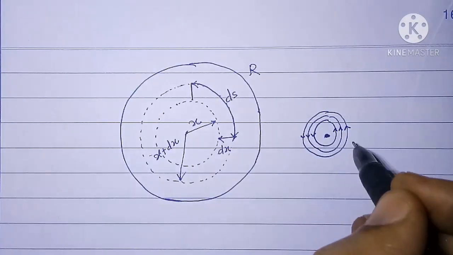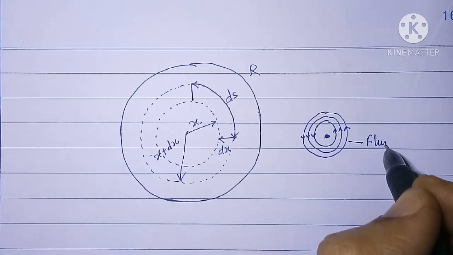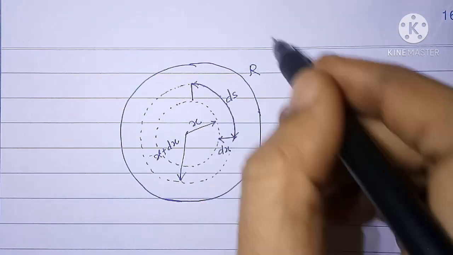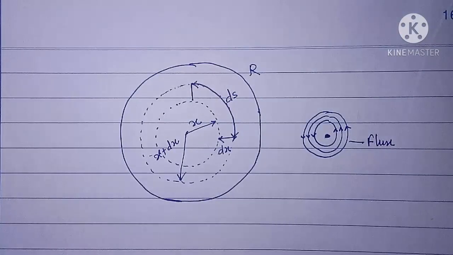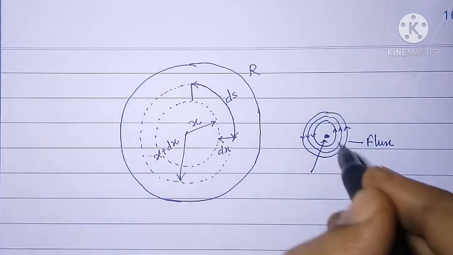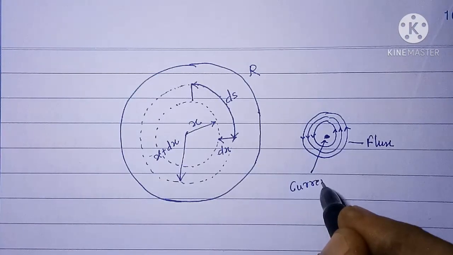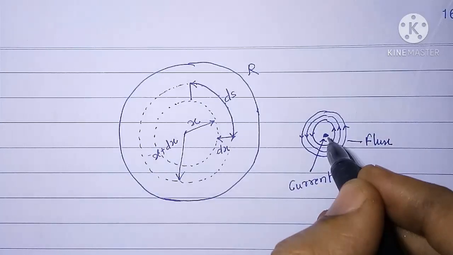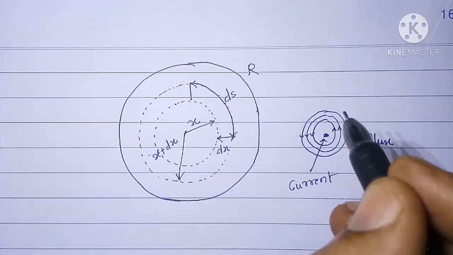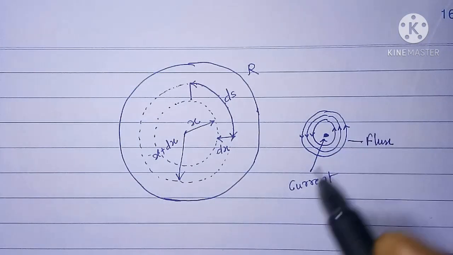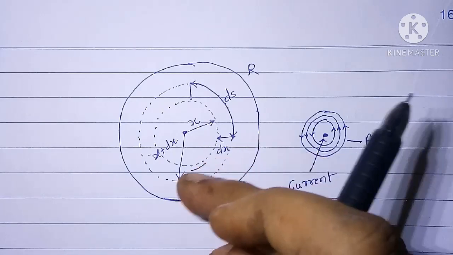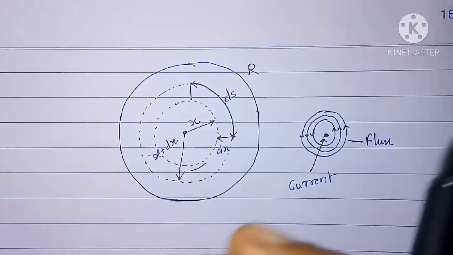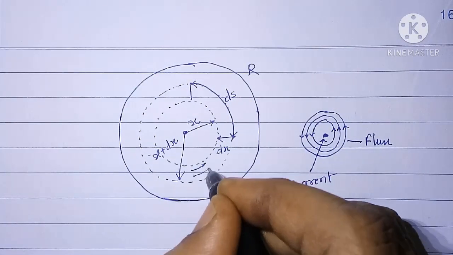Now such flux will be set up inside this conductor and outside the conductor also. Here this is current now. Direction of current is given by point. That means current is coming out of the page or current is flowing upward. Here the direction of flux for the current coming out of the page will also be anti-clockwise.